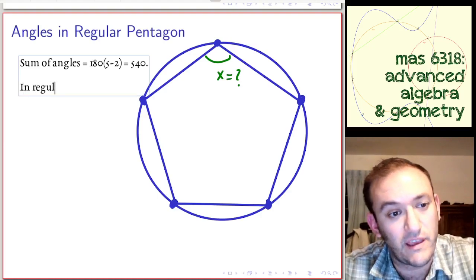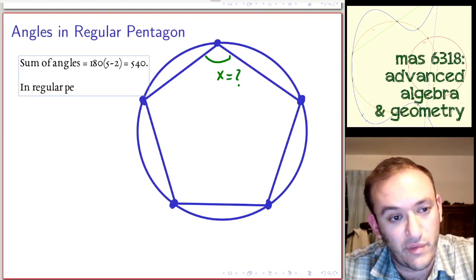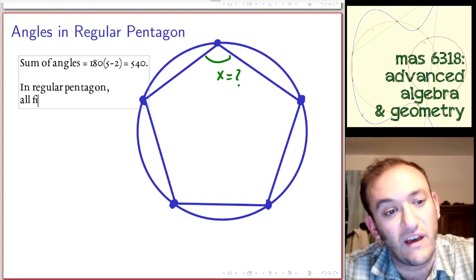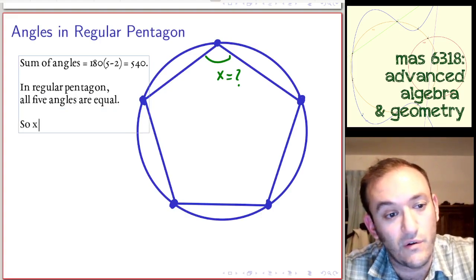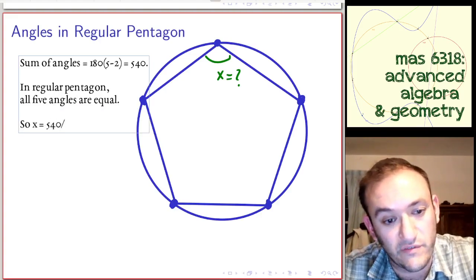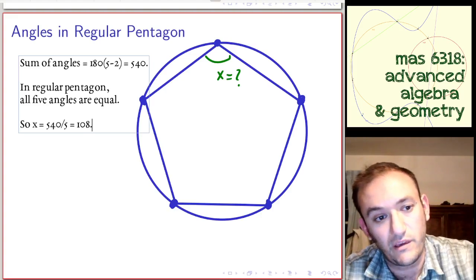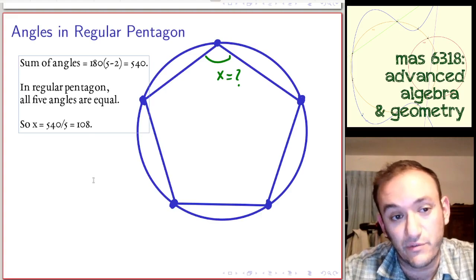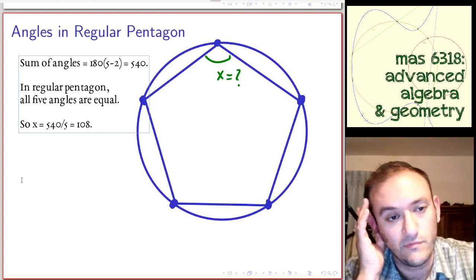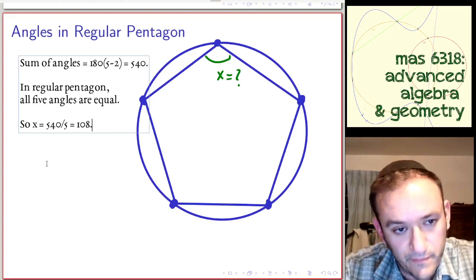So in a regular pentagon, all 5 angles are equal. So x equals 540 divided by 5, or 108. Okay, so each of these angles is 108 degrees.